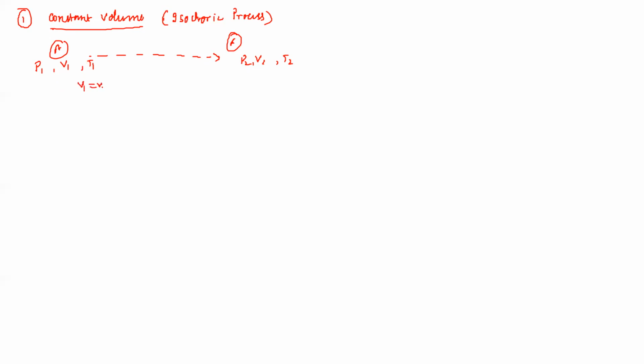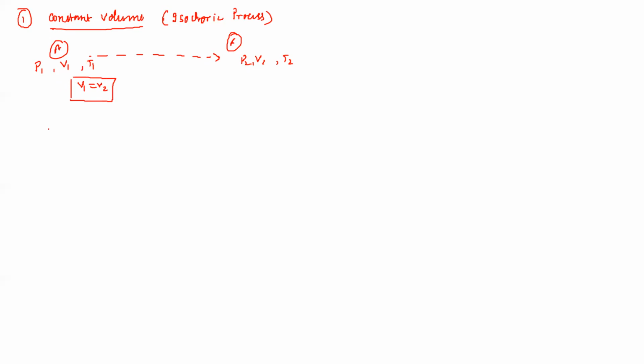So a constant volume process is also known as an isochoric process. In a constant volume process, let's say you are going from P1 V1 T1 to P2 V2 T2. If you're going from this to this, then you're going to have V1 equal to V2 because it's a constant volume process, right?